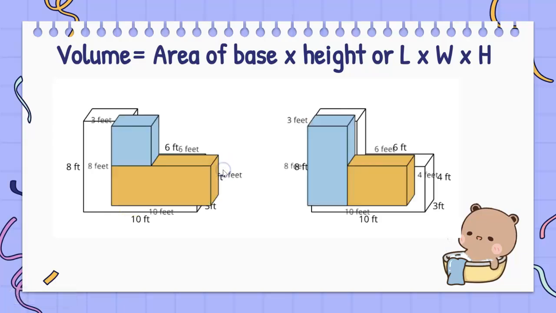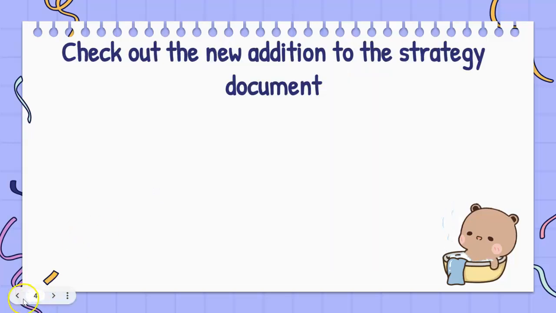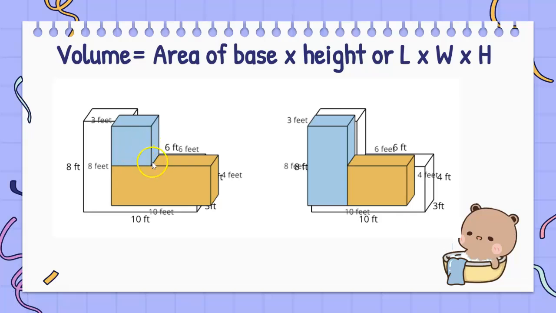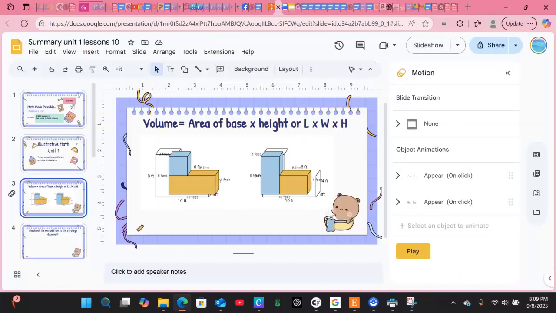So let's see what that would look like. If we were to cut it, we would basically cut the top off. So we would have a top and a bottom, or we could cut it so that we have a left or a right.